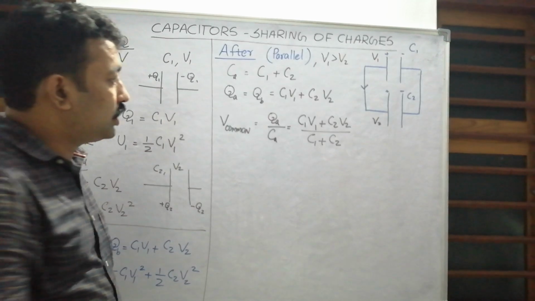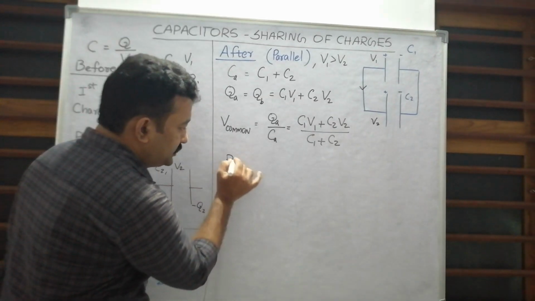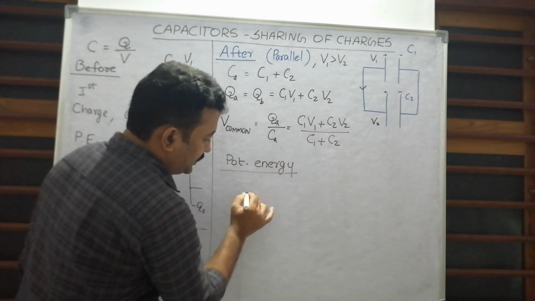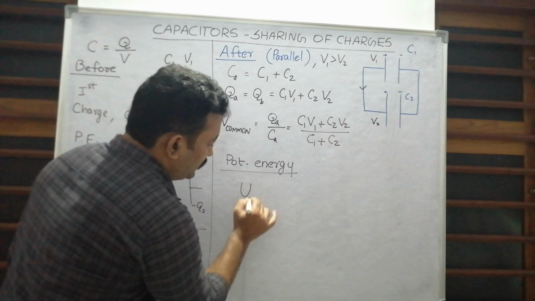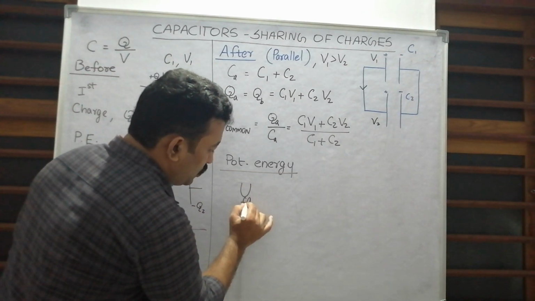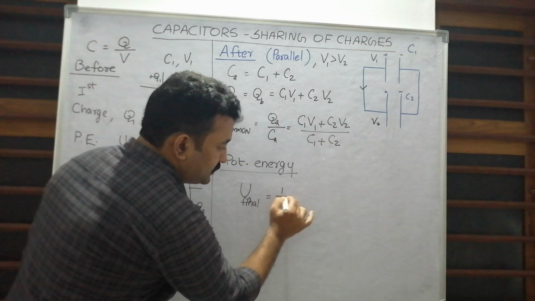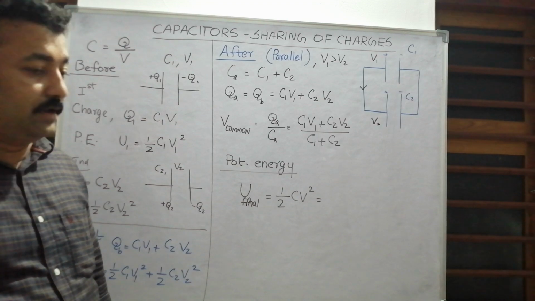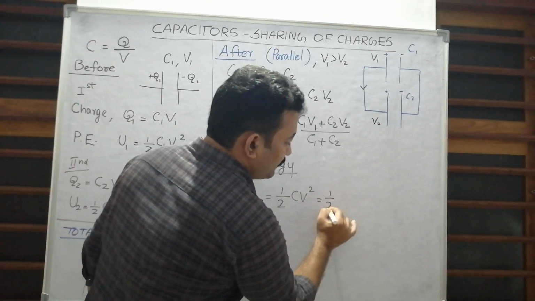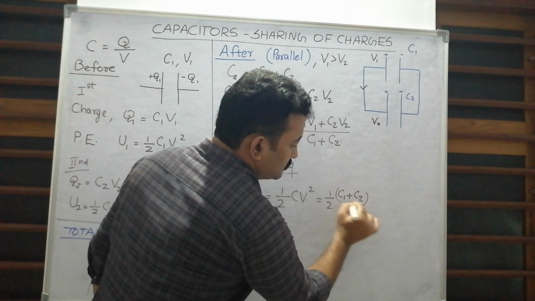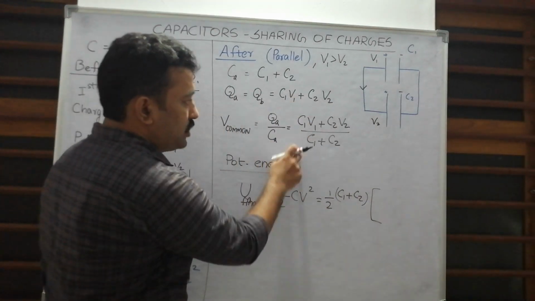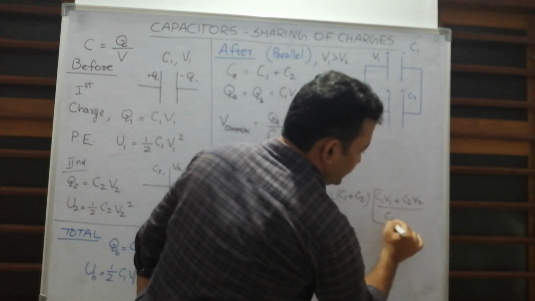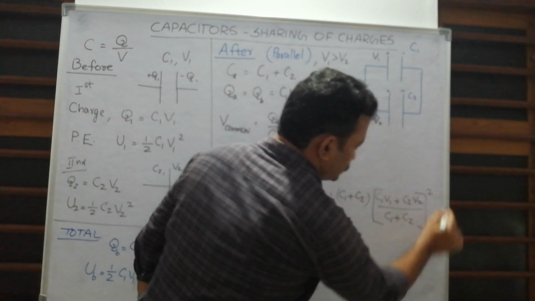So after connection, what will be the potential energy? That is another question. The potential energy of the system after the connection, U after, or maybe U final, is simply half C V square. Substitute for C and V: half C1 plus C2 times V common, which is C1 V1 plus C2 V2 divided by C1 plus C2, the whole square.